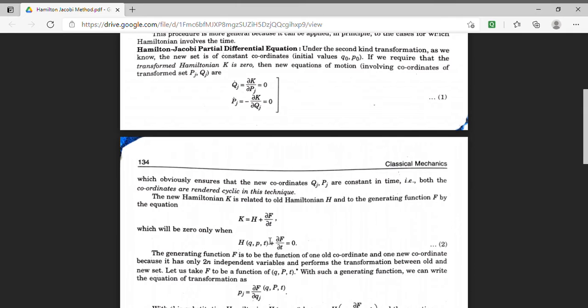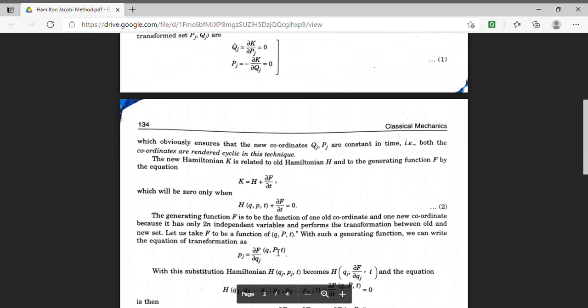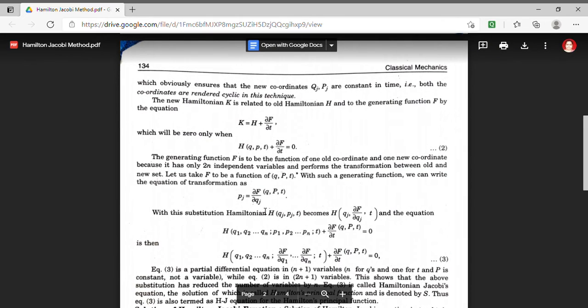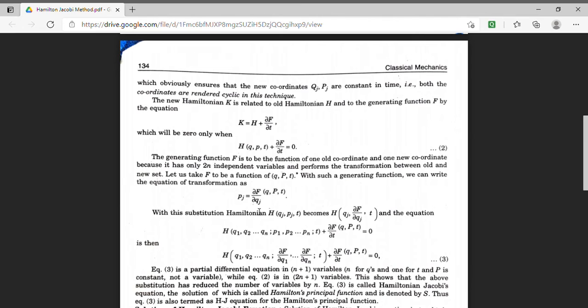That means F is a function of small q, capital P and T. So making a change in which small pj is replaced by del F upon del qj, H depends on q.